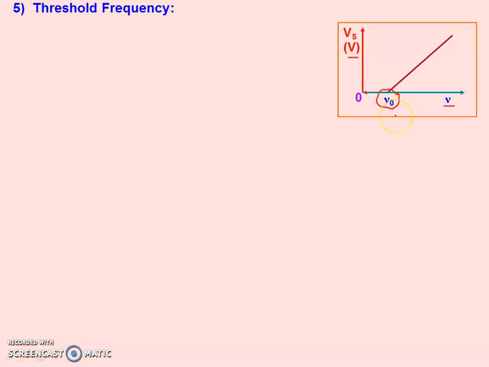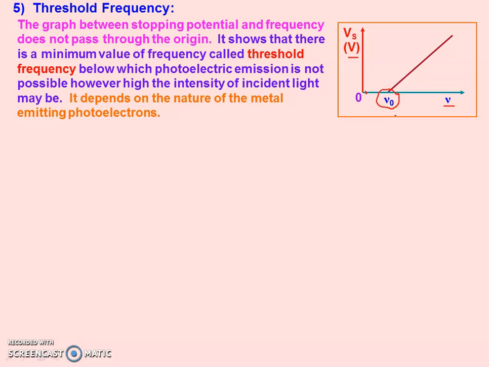And the energy associated with threshold frequency is called work function. It means the work function is the minimum amount of energy required to emit the electron from the metallic surface.